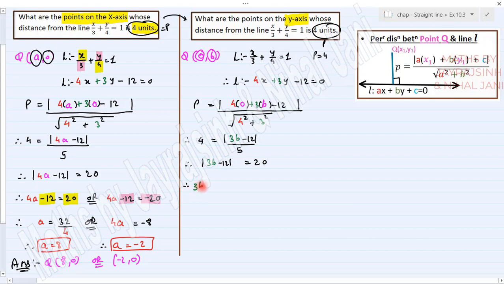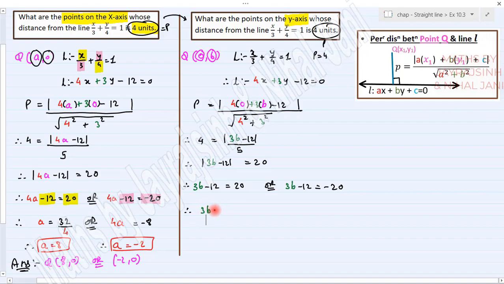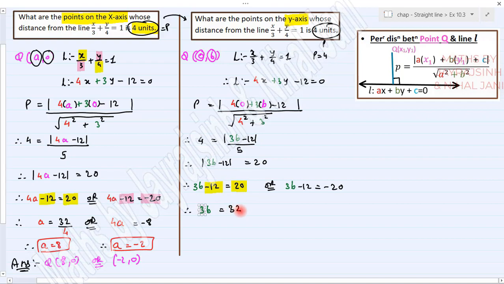Now when we remove the mod, we'll get two options. In the first option we'll get plus 20 and in the second option we'll get minus 20. So from 3b minus 12 equal to 20, we'll get 3b is equal to 20 plus 12, or we can say 32, so this time we'll get b is equal to 32 by 3.